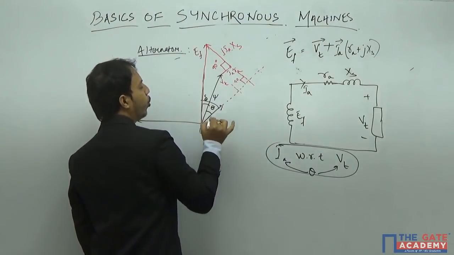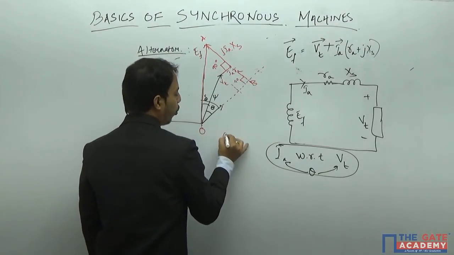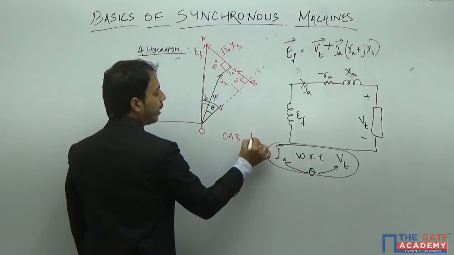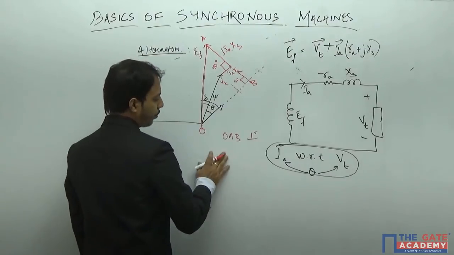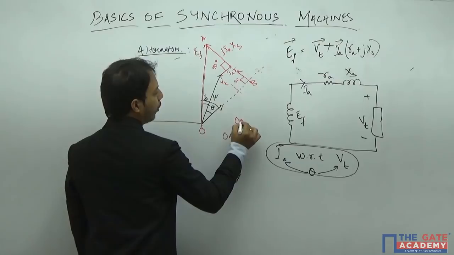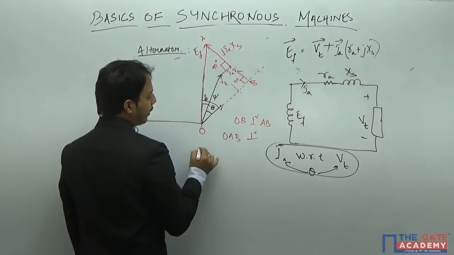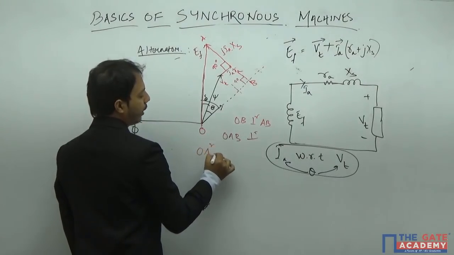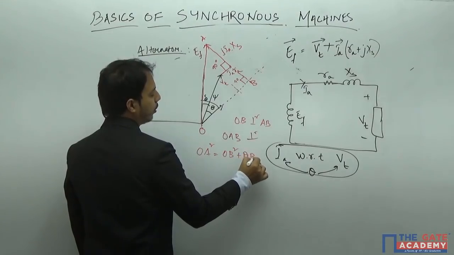Now let us say this is O, this is A, this is B. So I can say that OAB is a right angle triangle, such that OB is perpendicular to AB. So OA square is equal to OB square plus AB square.